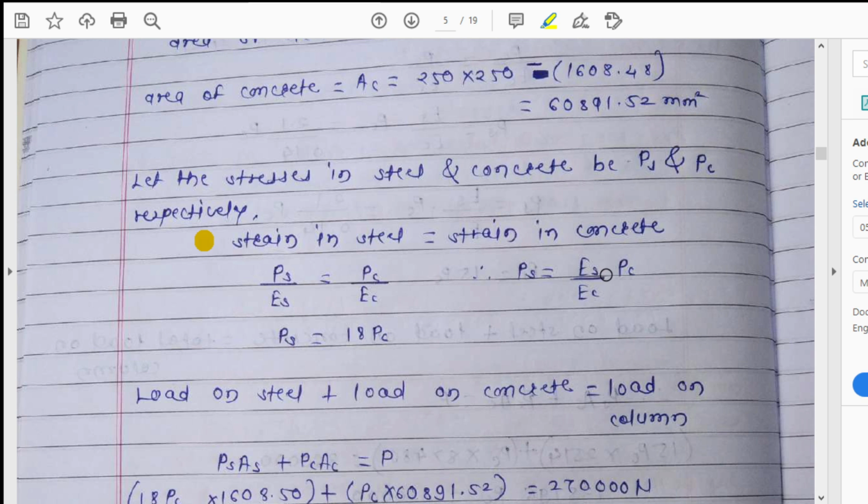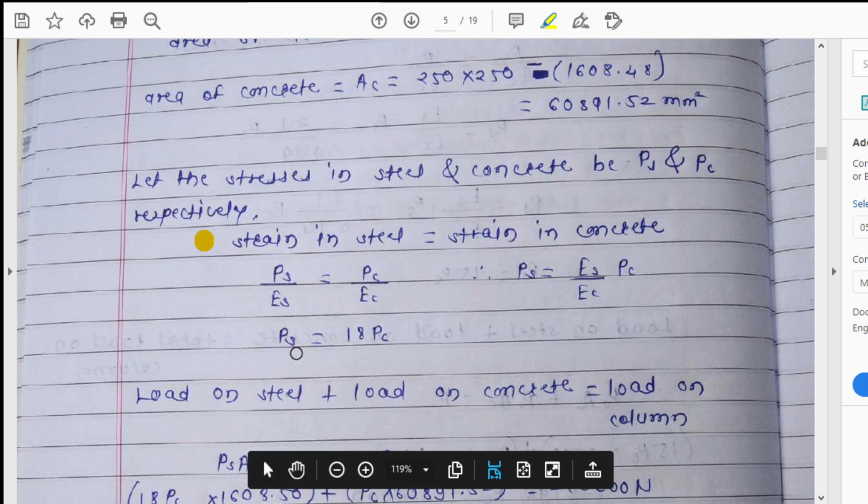Now here they have given that Young's modulus for steel is 18 times that of concrete. That means ES equals 18 EC, so ES upon EC gets cancelled and the remaining value will be only 18.